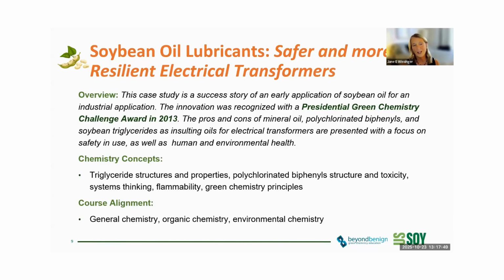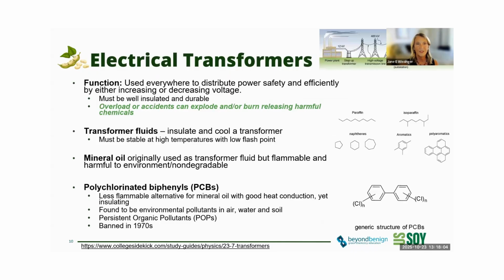And the one I'm showing here is a Presidential Green Chemistry Challenge Award from 2019. And so for each module, we talk about the chemistry concepts that are embedded and then what courses they might align with. And so electrical transformers was the center of this innovation.